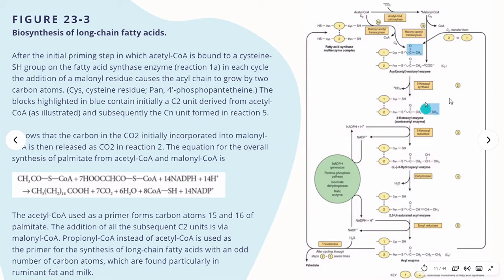So you are adding 2 carbons to these 3 carbons, that would have been 5. But carbon dioxide is removed, so what is left would be 4 carbons. 1, 2, 3, 4. Did you get it? All right. Next one.